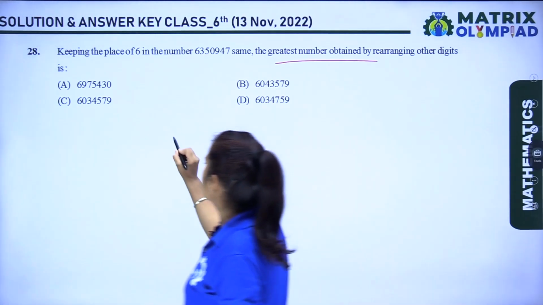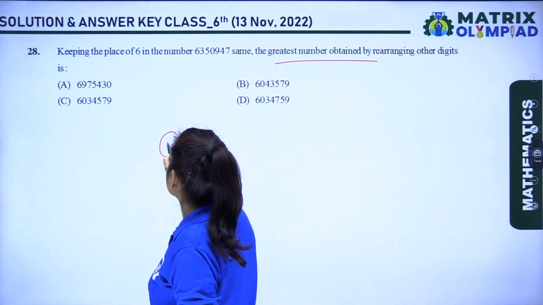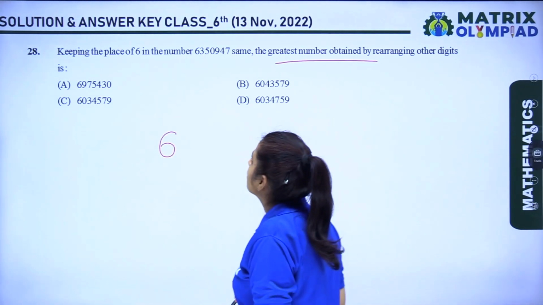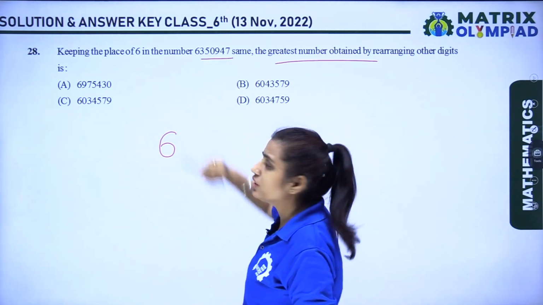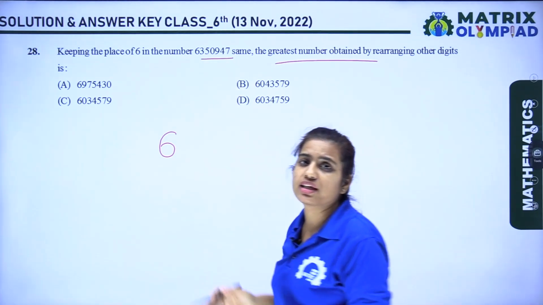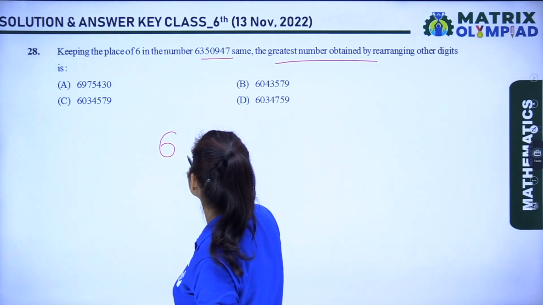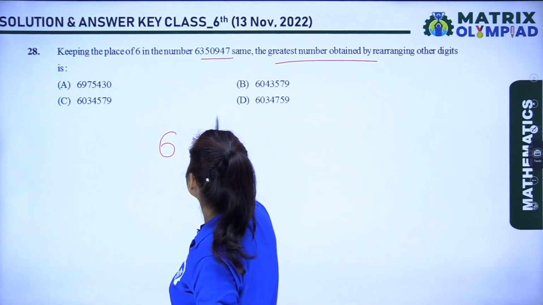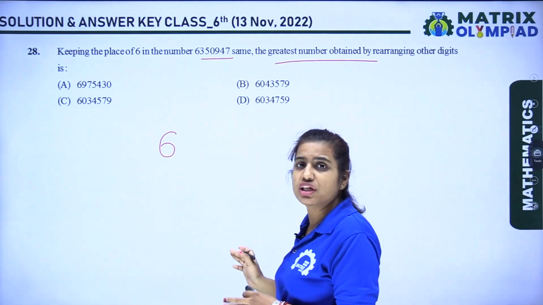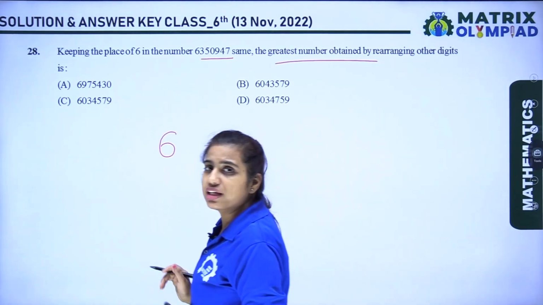So let's form the number by rearranging the other digits by keeping 6 at its original place. So here 6 is at its original place. Let's rearrange the rest of the digits in the descending order.